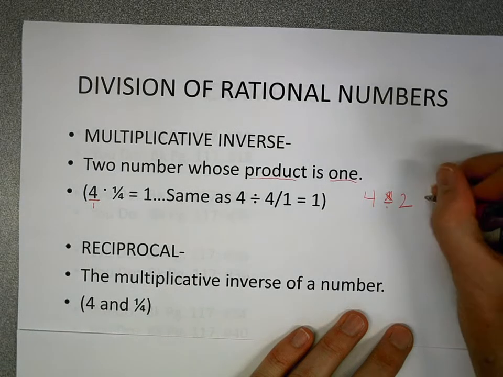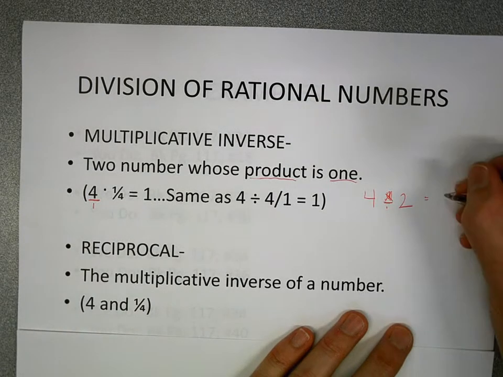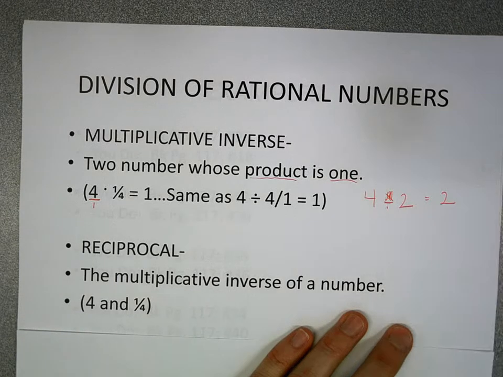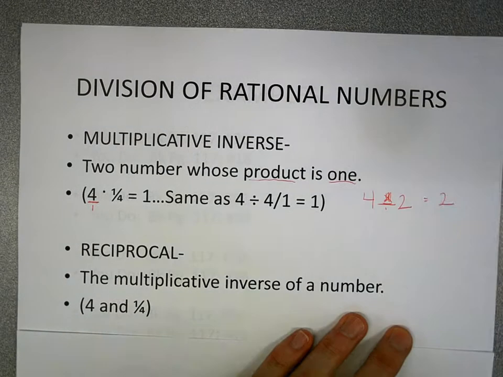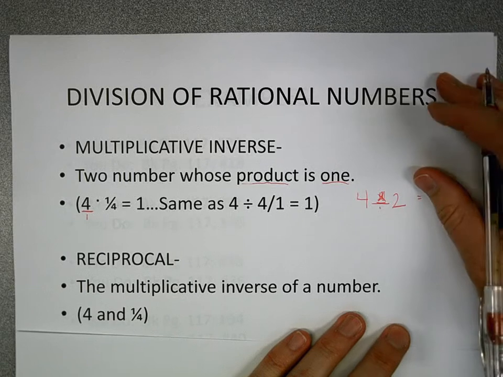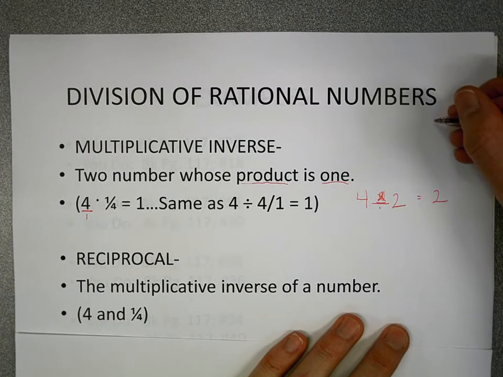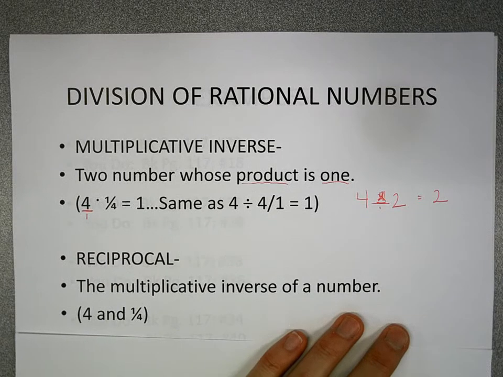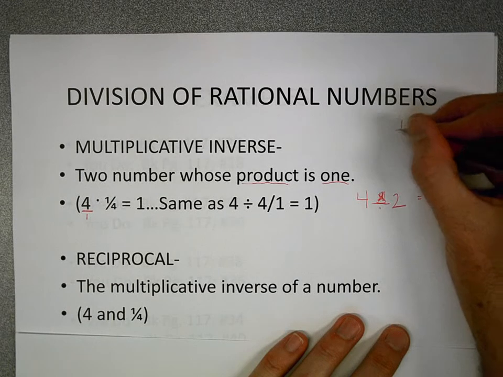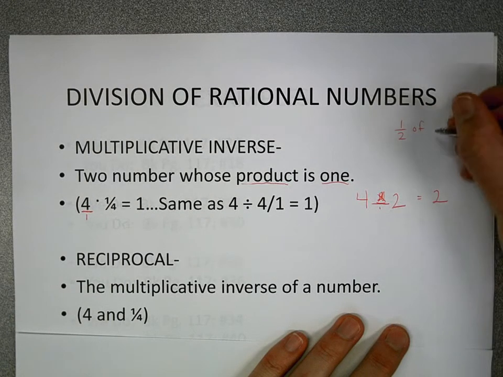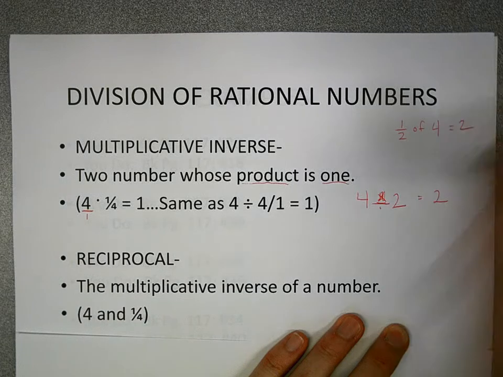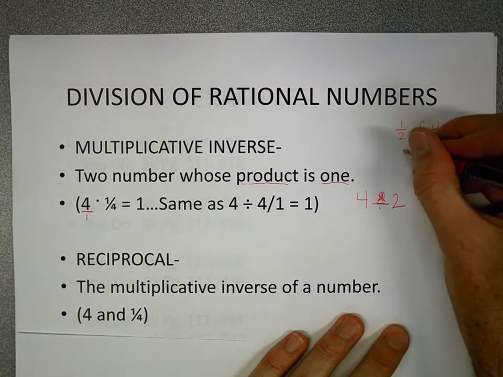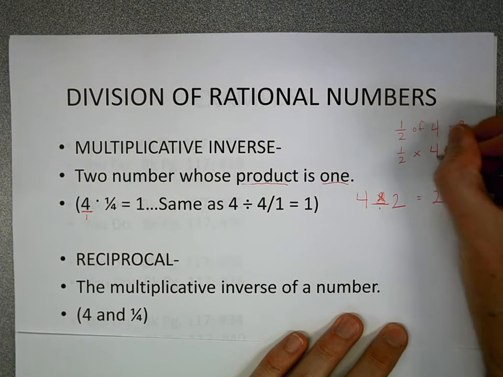What's 4 divided by 2, guys? 2. Now, what is 1/2 of 4? Well, half of 4 is 2, right? You might go, what are you talking about, Mr. Wilkins? Well, here's what I'm talking about. What you just said is this: 1/2 of 4 is 2. What this is, is 1/2 times 4 equals 2.